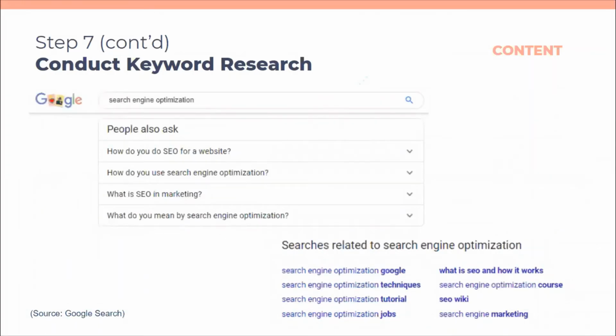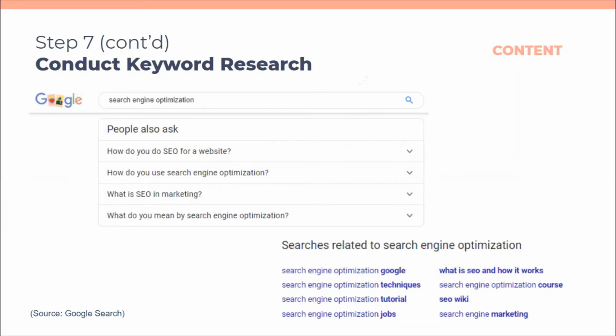So let's say we just want to see what's ranking for search engine optimization. This is probably one of the most important pieces of doing the keyword research, is actually seeing what Google is showing you for these terms. So for the example, search engine optimization, we can see there's a People Also Ask section.